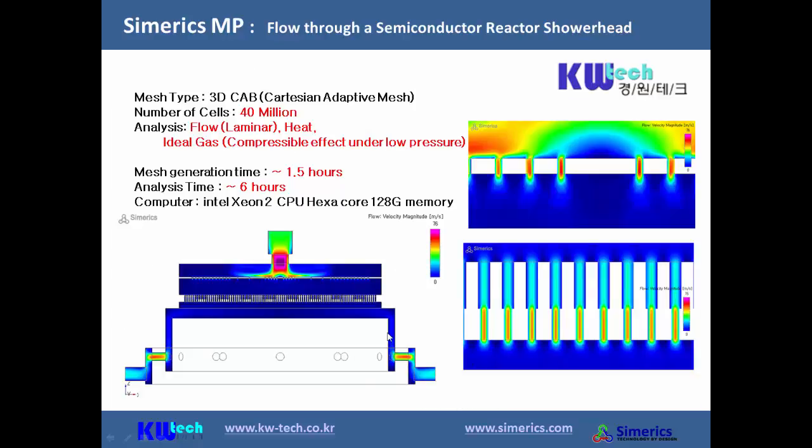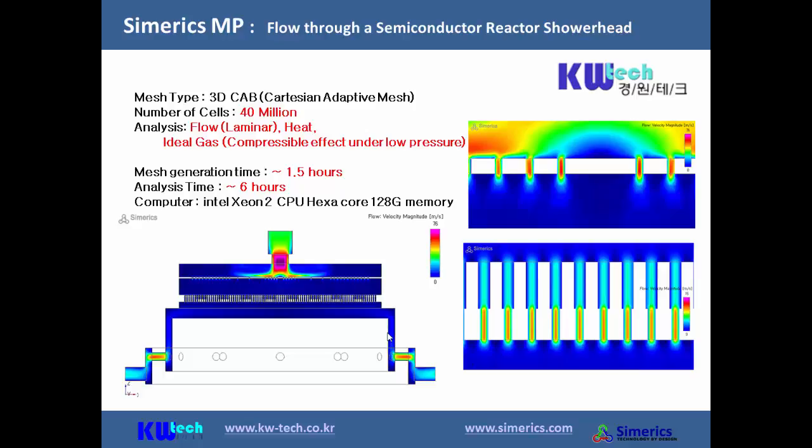This shows you the results. Probably the most impressive fact here, if you are familiar with trying to model these systems, is that this was meshed in less than 2 hours. So using the automated mesher, it was 1.5 hours to mesh it, and then the analysis time was 6 hours. 40 million cells, including laminar flow and the heat transfer, looking at an ideal gas.